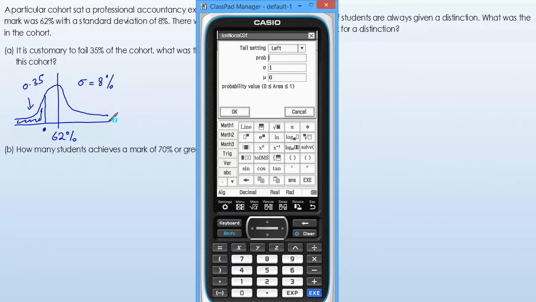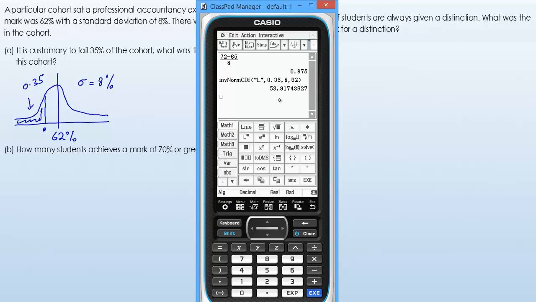Now, tail settings can be left, center or right. Our tail is on the left, so leave it where it is. 0.35 is the probability we're after. Our sigma is 8 and our mu is 62.